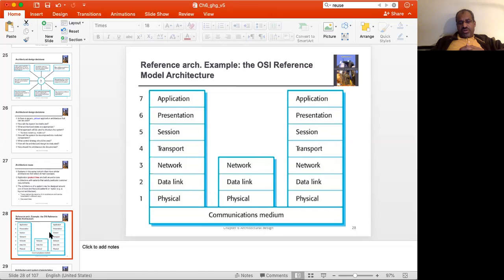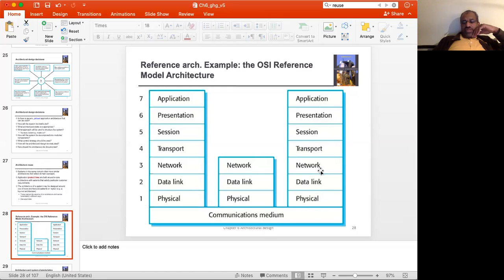Maybe you've seen that before in a networking course, but the idea here is that this layered architecture allows every layer to interact only with the one directly adjacent to it, with the advantage that, for example, in a network, if your physical medium changes from a copper wire to a fiber optic physical connection, you don't have to change the application because your application is isolated from these lower layers by the intervening or mediating layers in between.